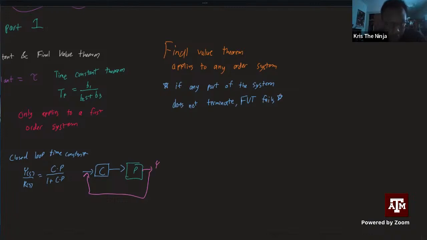The final value theorem is used for signals, and it can only be used if there is a final value.